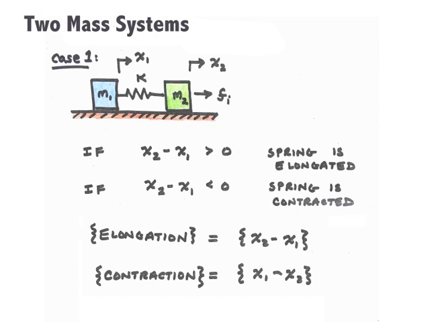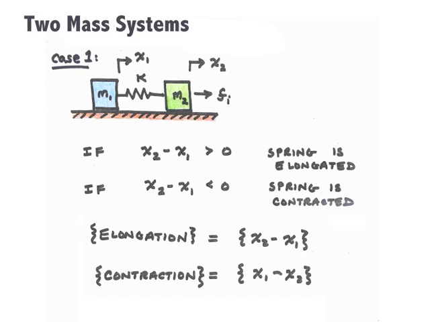Let's develop the equations of motion for mass m1. To do this, I'm going to conduct a thought experiment so that I can figure out how to write the relationship between the spring force and the motion of the masses. So here's my thought experiment. I'm going to hold mass m2 at its starting point, so x2 will be held to be 0.